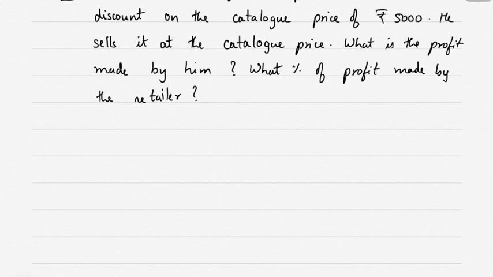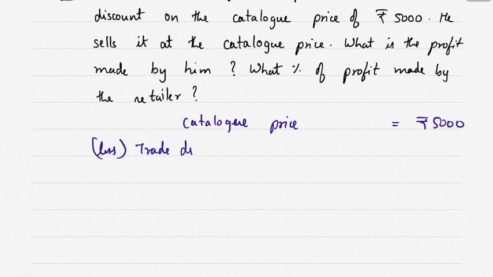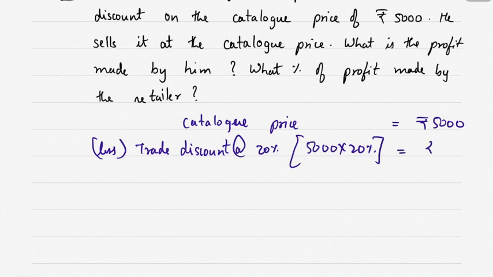A retailer buys a product at 20% trade discount on a catalog price of rupees 5,000. So catalog price is equal to rupees 5,000, and he buys at a trade discount of 20%. So less trade discount at the rate 20%, which is 5,000 into 20%, which comes to rupees 1,000.